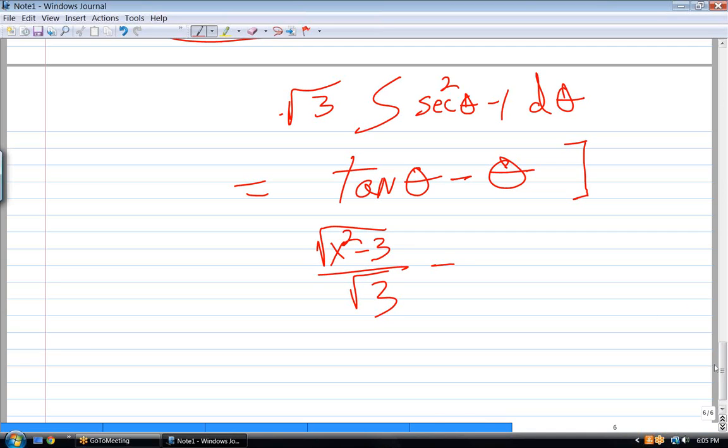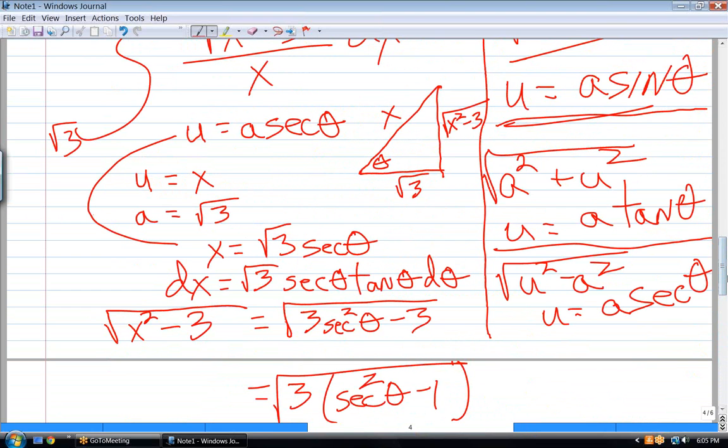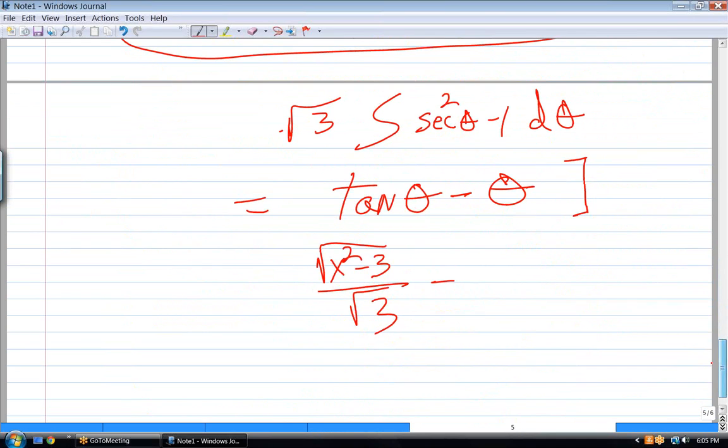What's theta? Theta is the inverse cosine of square root of 3 over x. Right?